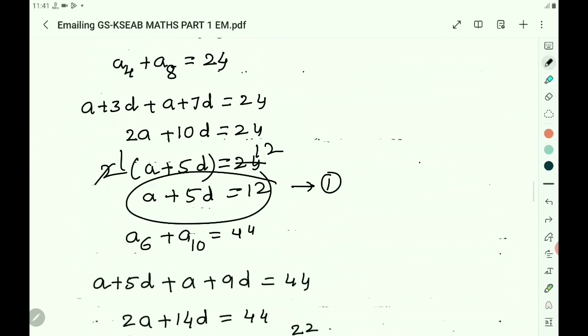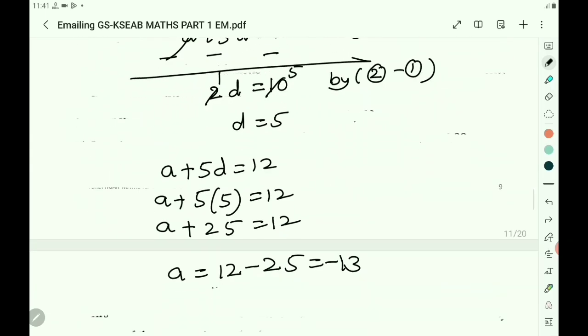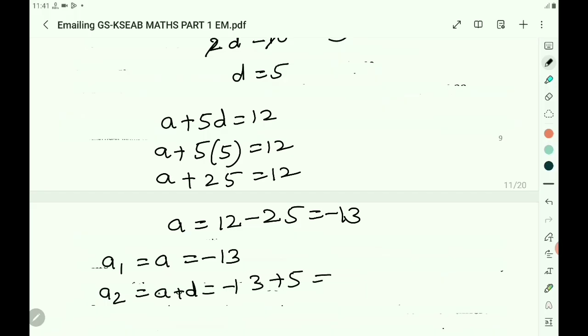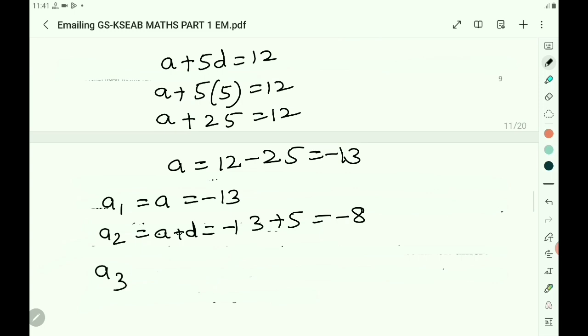Now let us find out the progression first, arithmetic progression a1, a2, a3. Then you write a1 equals a equals minus 13 and a2 is equal to a1 plus d.